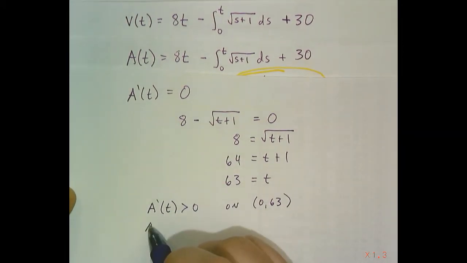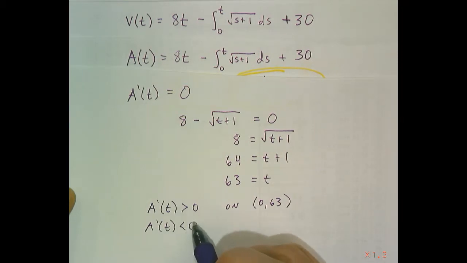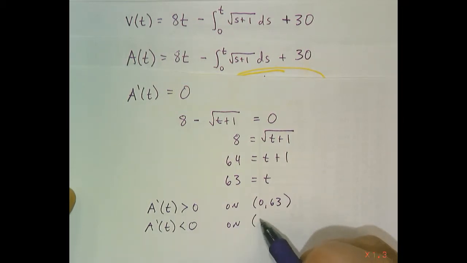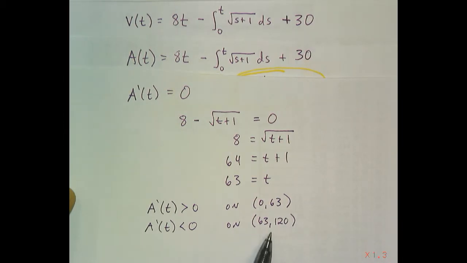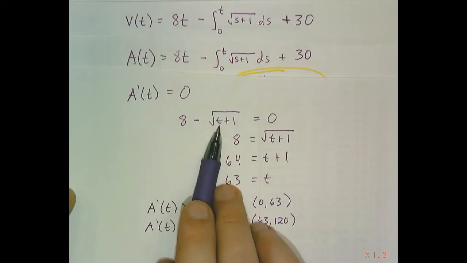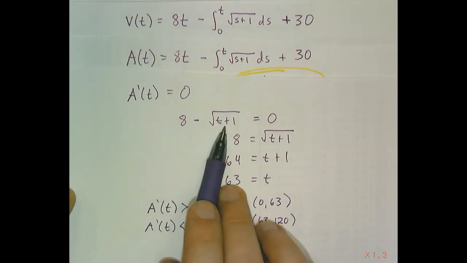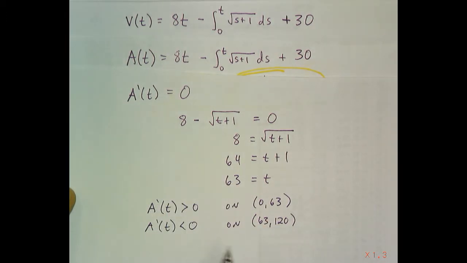A prime of t is less than 0 on 63 to 120. I stuck the number, I don't know, 60, let's go with 80, into this expression, and I got a negative answer. Therefore, A of t is increasing, and then A of t is decreasing.